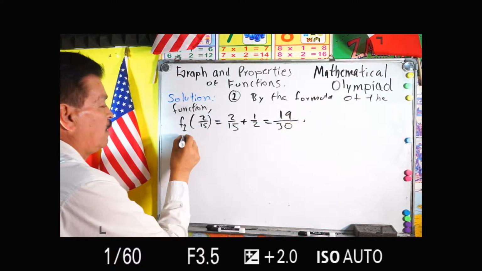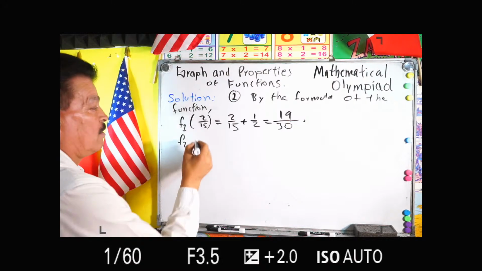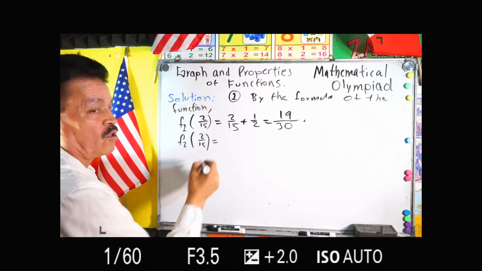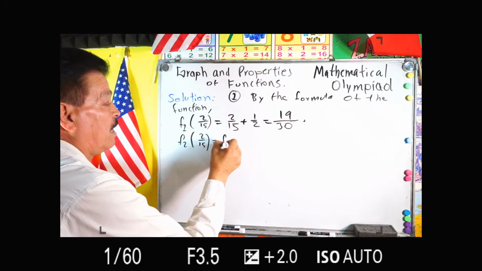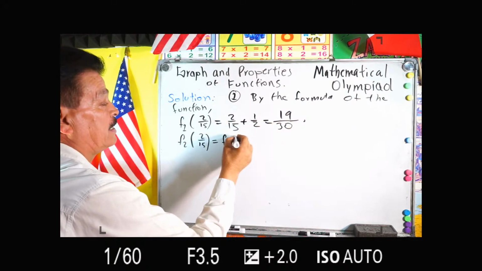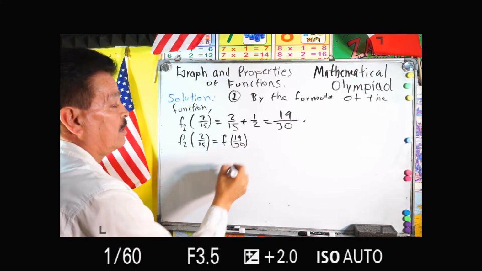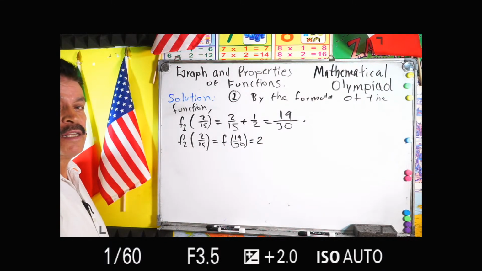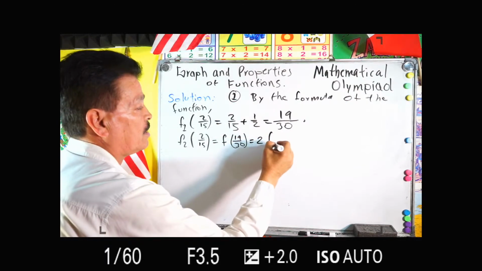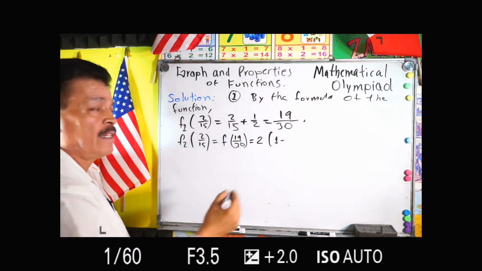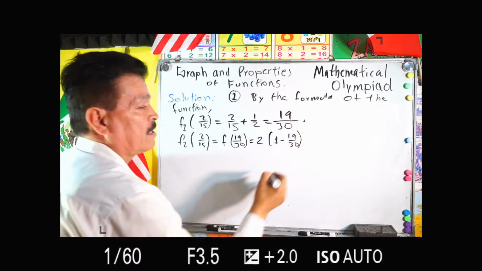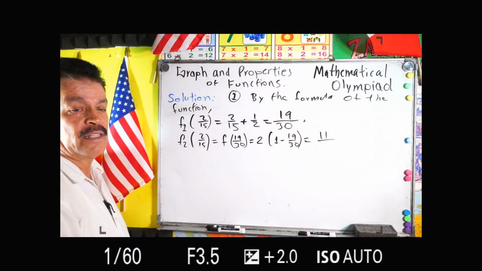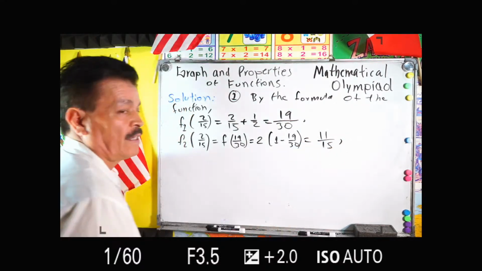Number 2, f2 of 2/15. Now we have to write f of 19/30, which equals 2 times (1 minus 19/30), so this is going to be 11/15, right?